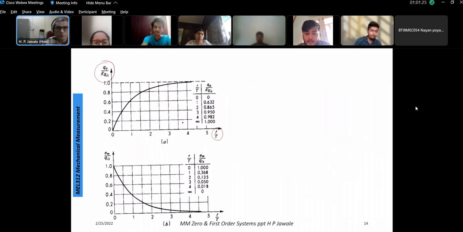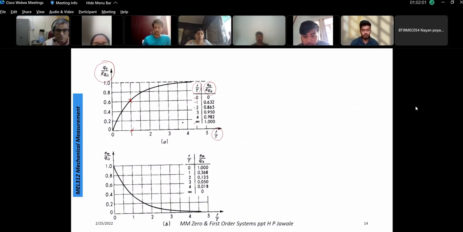The ratio t by tau goes on varying from 0 to infinity, and we find different values. Say for 1, it is 0.632. So for t by tau equal to 1, around 63% of the input value is represented in the display of the device.